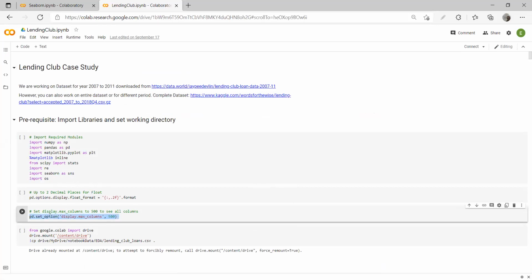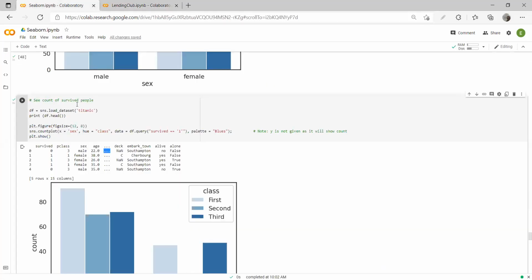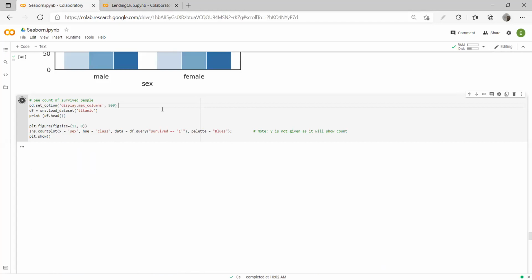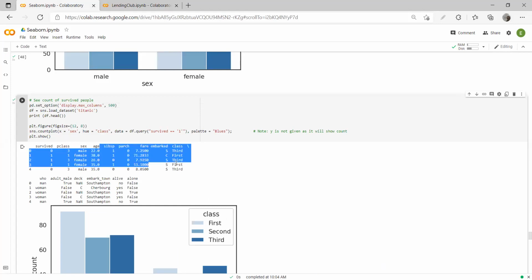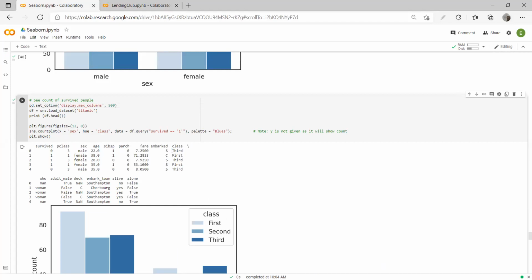Display max columns has 500. So let's set display max columns to 500. Right. So you can see over here survived, P class. Over here is the class. Just use this parameter if you want.